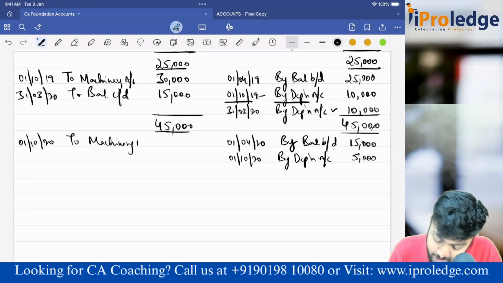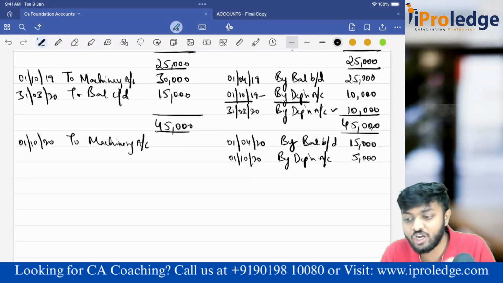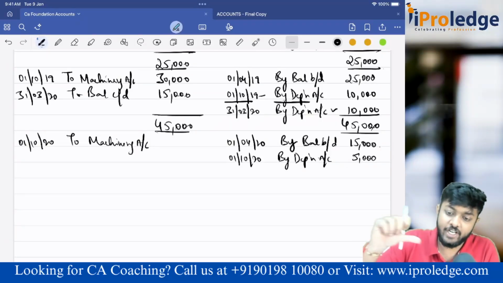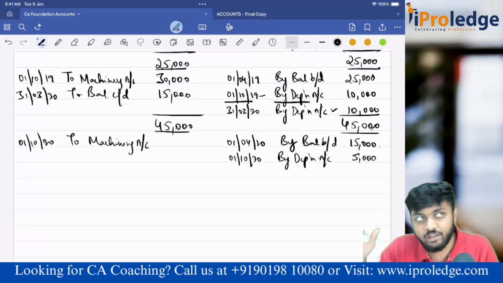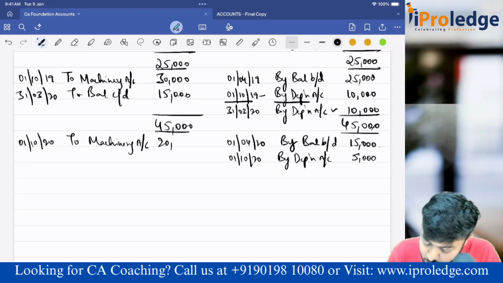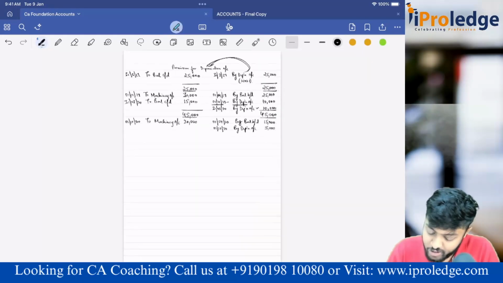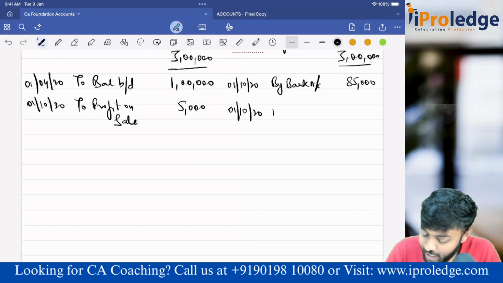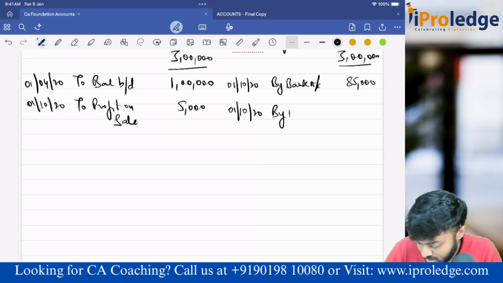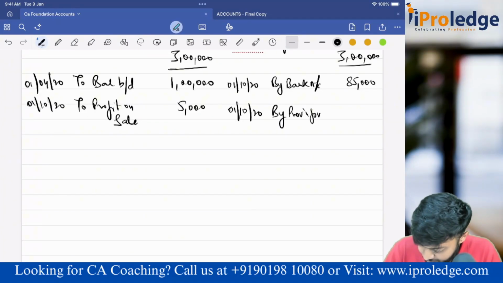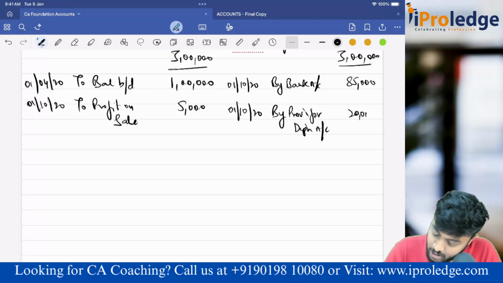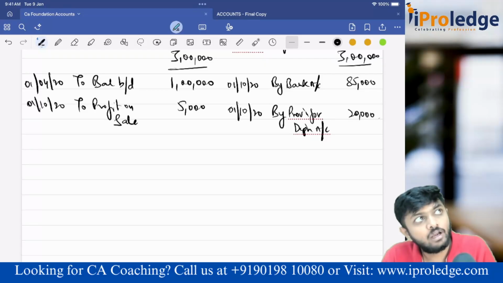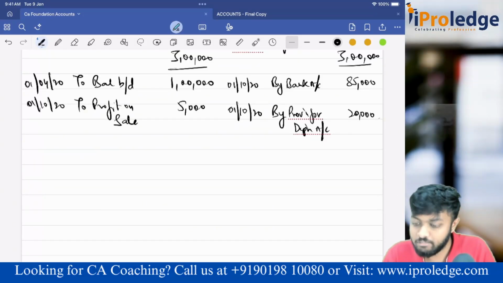Whenever you transfer, provision for depreciation account is debited because it's a liability-like ledger; when you transfer, it is decreasing, so liability decreasing is a debit. So it is 20,000 rupees that you transfer to machinery account. Now it will come to machinery account: 1/10/20, by provision for depreciation account, 20,000. Clear? All of you? Done?